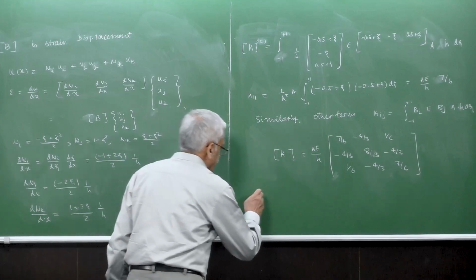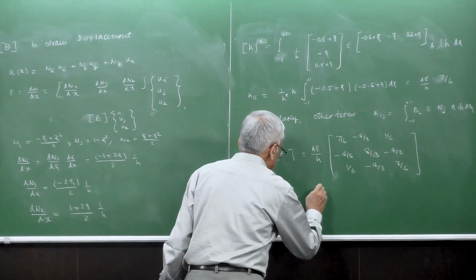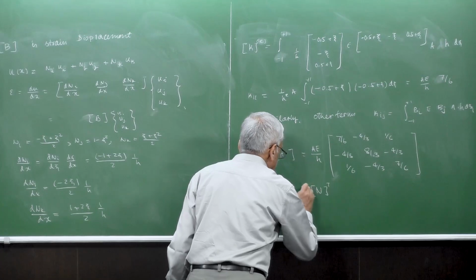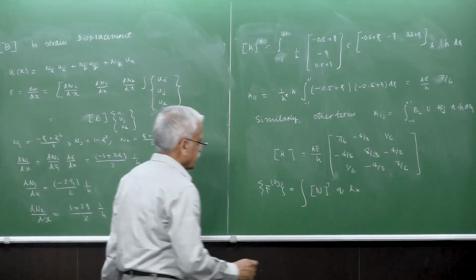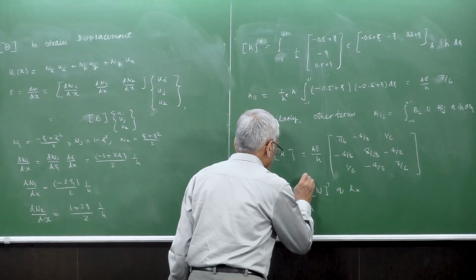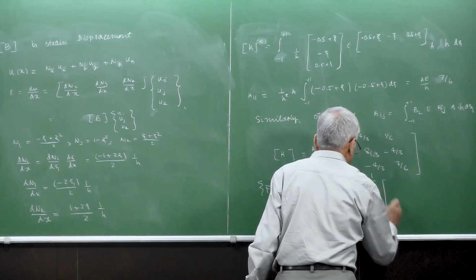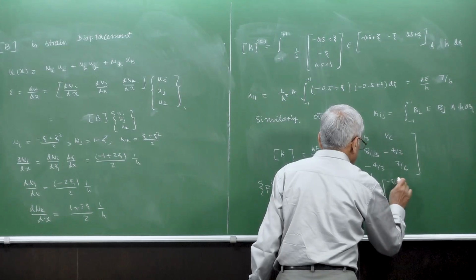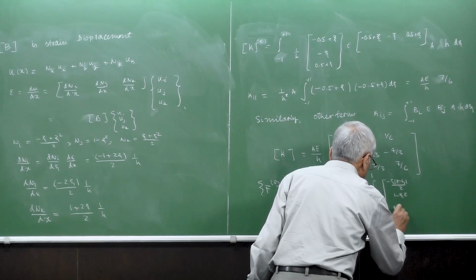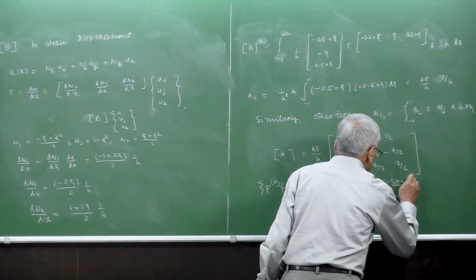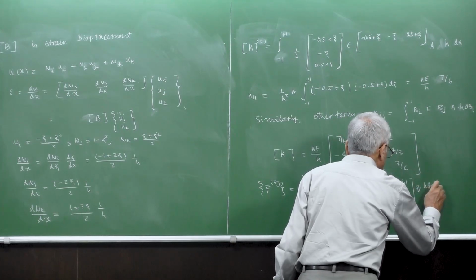And apart from this, if you want to find out the nodal loads of the element, this is nothing but the integral of N transpose q dx. So this is nothing but the integral from -1 to +1 of N, which is minus xi times 1 minus xi by 2, and 1 minus xi square, times q h d xi.